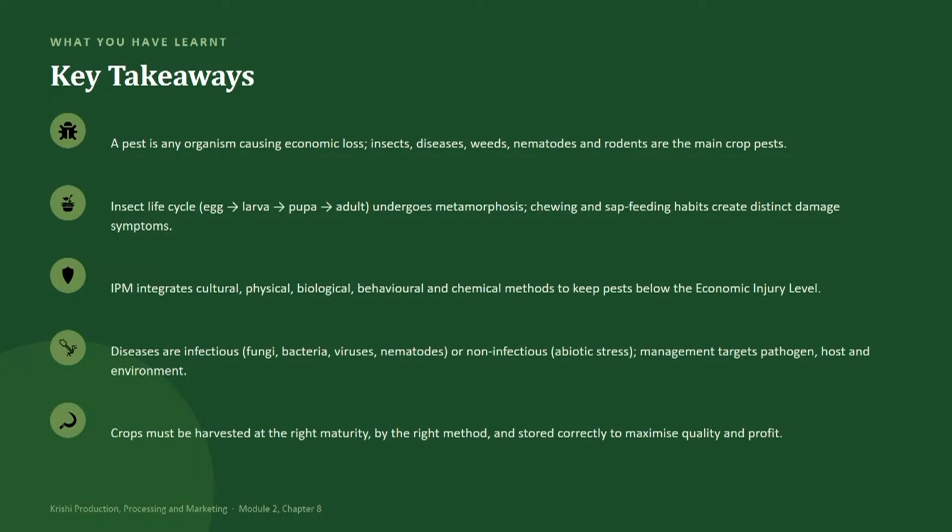We also have understood the various types of diseases and their symptoms, and we have also understood how, through scientific techniques, we can successfully harvest our crop at the right time and at the right maturity stage.